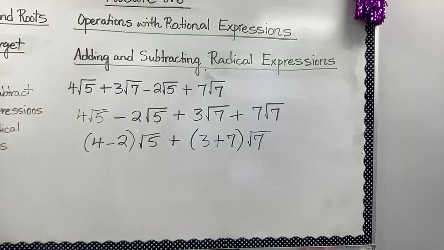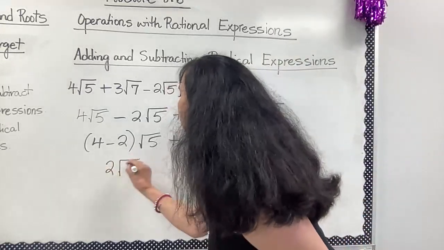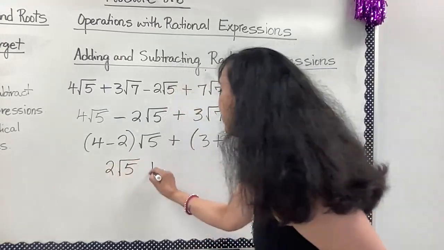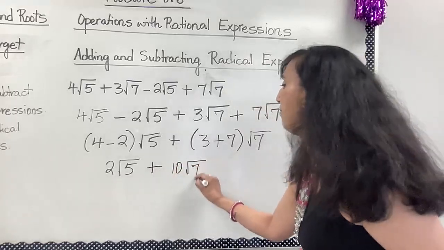Look what I've done, exactly what I was talking about earlier. So what is 4 minus 2? I get 2 root 5. Plus 3 plus 7 gives me 10 root 7.